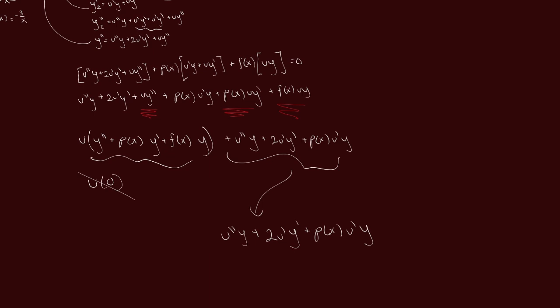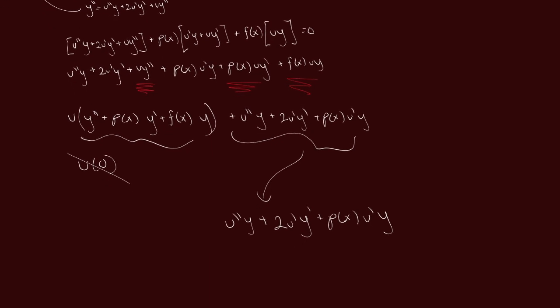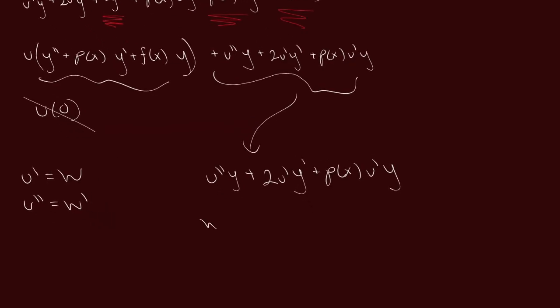Okay, so it looks good so far. Next, we're going to set u prime equal to w, and that means u double prime is equal to w prime. We'll write this as the following.